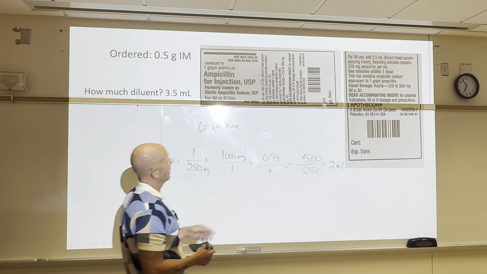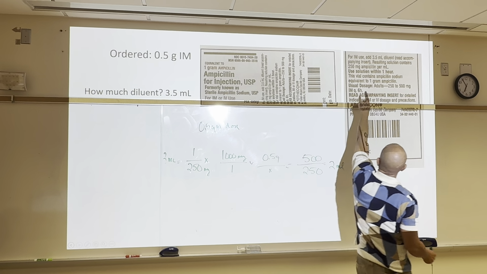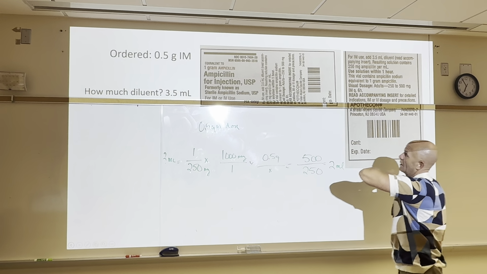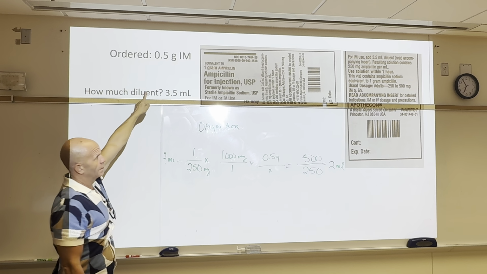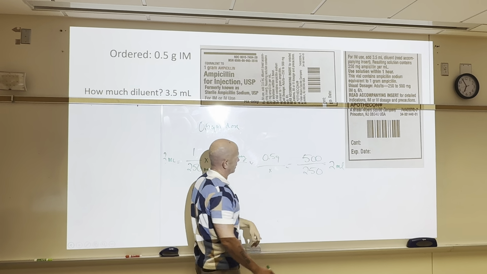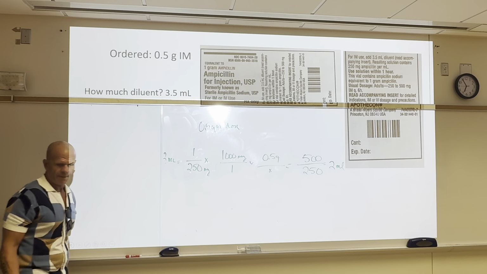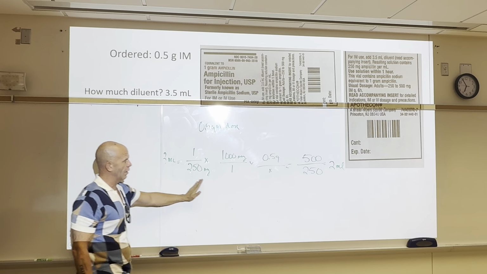It's 2 mLs. If you look at it, there's 250 milligrams of ampicillin per 1 mL. What's your ordered dose? 500 milligrams. So 250 milligrams going into 500 milligrams times 2. Okay? Again, this is the long version.